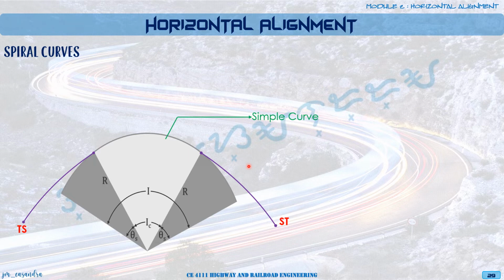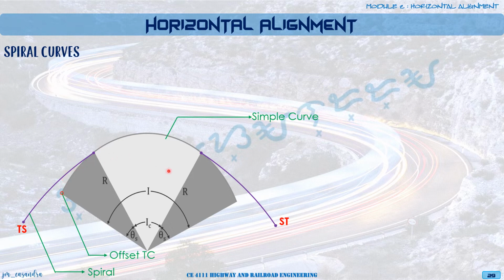Okay? So for our spiral curves, we now have what we call your TS, or the tangent to the spiral point. And then we also have your spiral to tangent, as well as our offset tangent of curve.